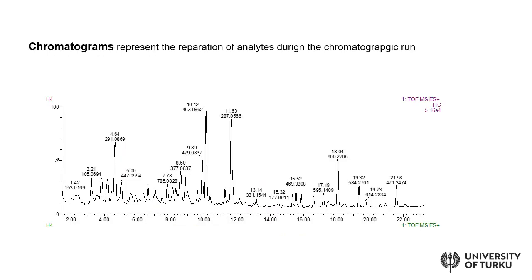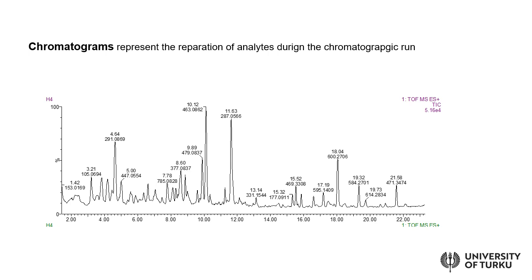And still just one screenshot. So this is a basic chromatogram, how it looks like. So as you can see in the x-axis there is the retention time, so the different time points when different analytes have eluted from the column, and the different peaks in this chromatogram represent different chemical components.